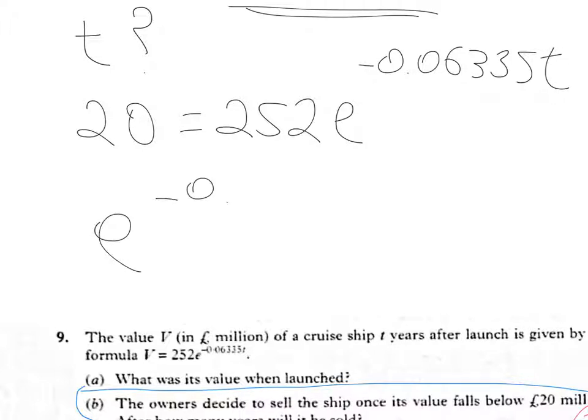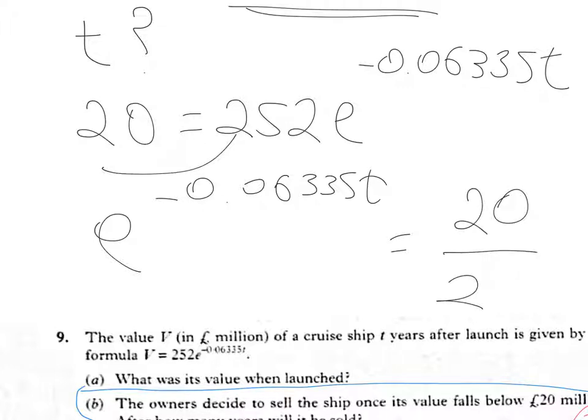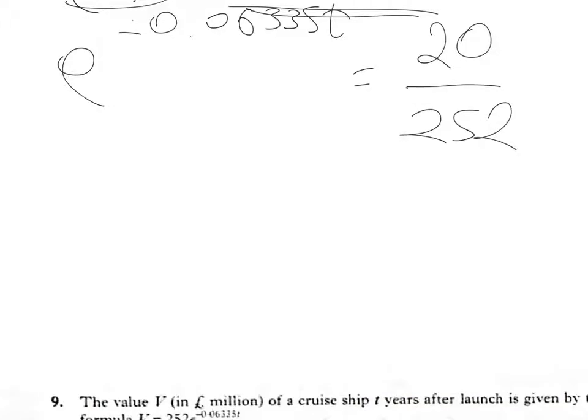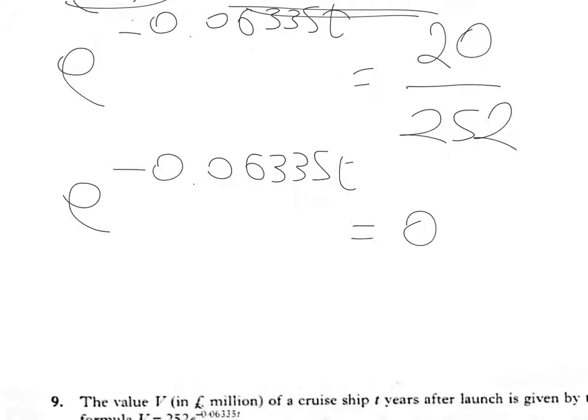So that'll give me e to the minus 0.06335 t is equal to, I'm going to bring the 252 down, divide, so that'll be 20 divided by 252. So that's e to the minus 0.06335 t is equal to, well, it's two decimal places, that's 0.08.